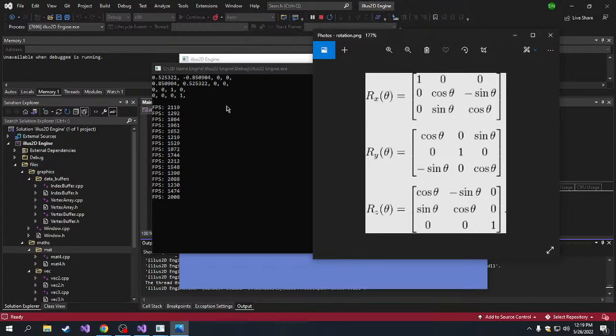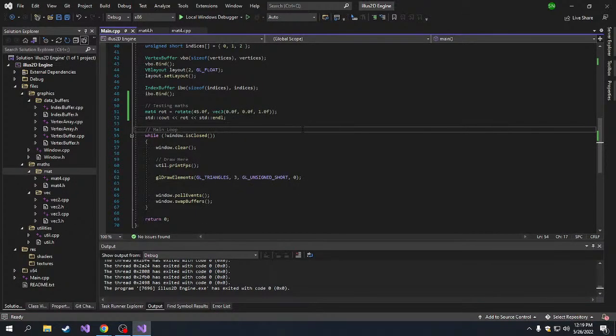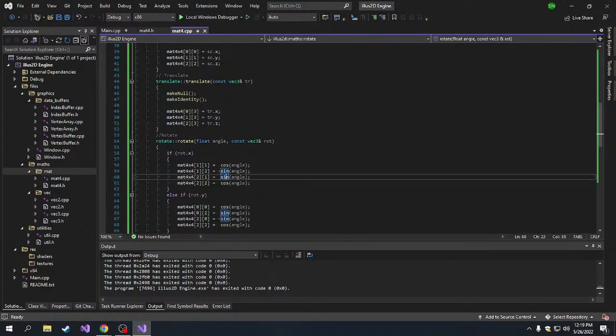Also, by the way, I think we should probably convert these values to radians, because the sine and cosine, the trigonometric functions in C++, I believe expect these to be in radians.